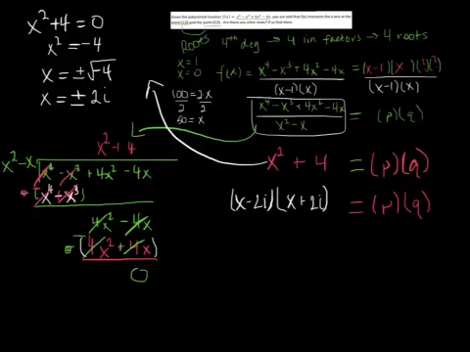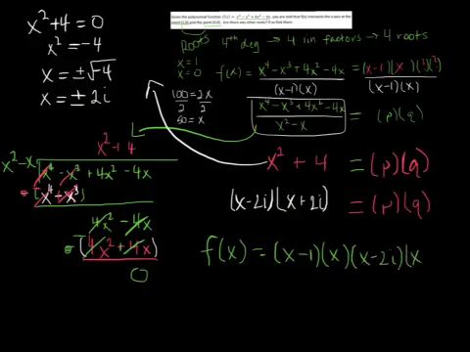So now we have the whole set of factors that we were looking for, and we can rewrite f of x. Our function, f of x, is just our first factor, x minus 1, times our second factor, x, times our third factor, x minus 2i, times our last factor, x plus 2i.